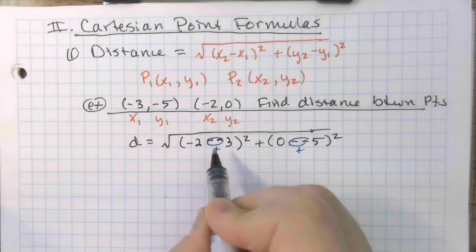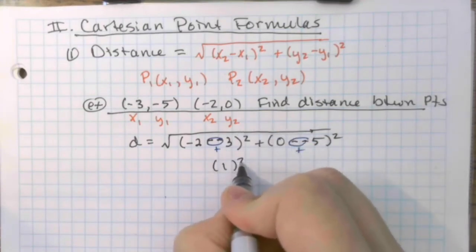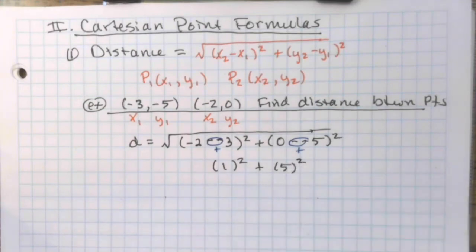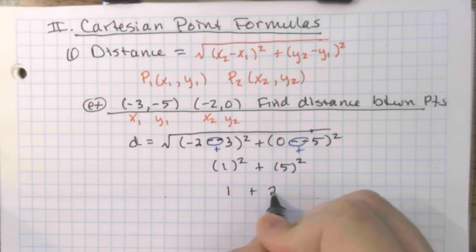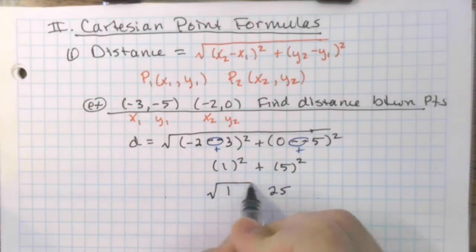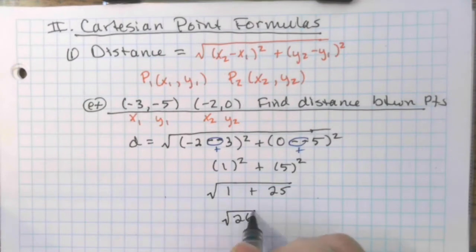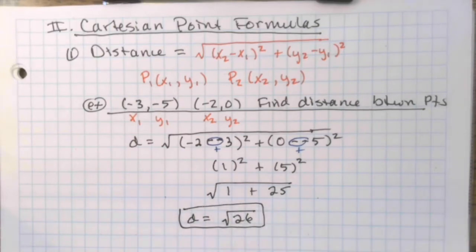So negative 2 plus 3 is a 1. 0 plus 5 is a 5. Now do the exponents. 1 squared is 1. 5 squared is 25. 25 plus 1 is 26, which is 2 times 13, so nothing simplifies. That would be your distance. So that is your distance formula.